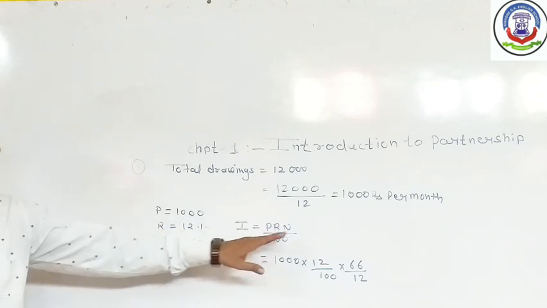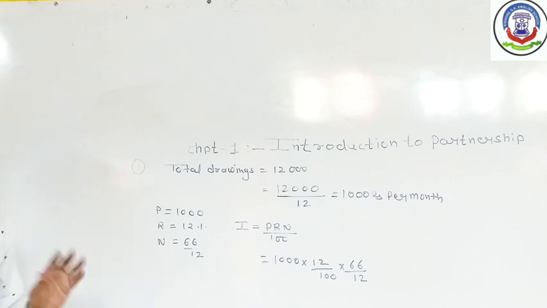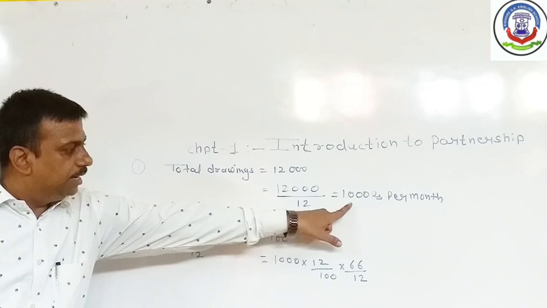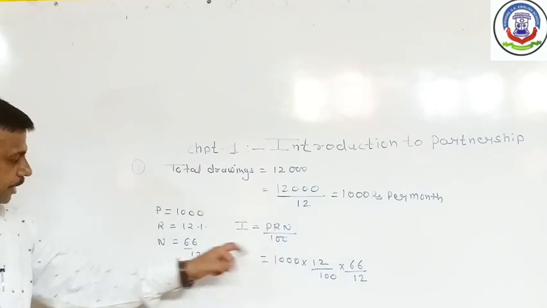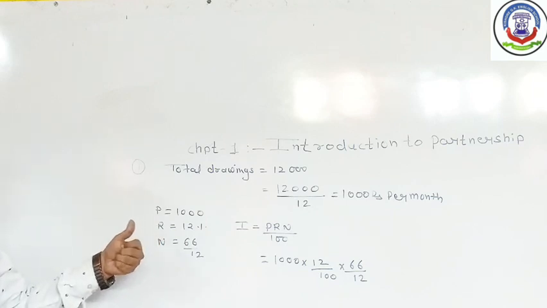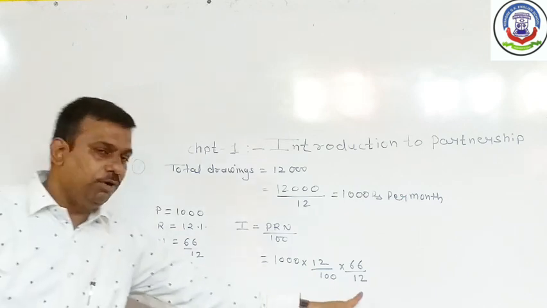I equals PRN upon 100. Principal amount means the amount withdrawn by the partner at the end of each month, which is rupees 1,000. The rate of interest is 12%, as given in the textbook. And for the end of each month, n equals 66 by 12.